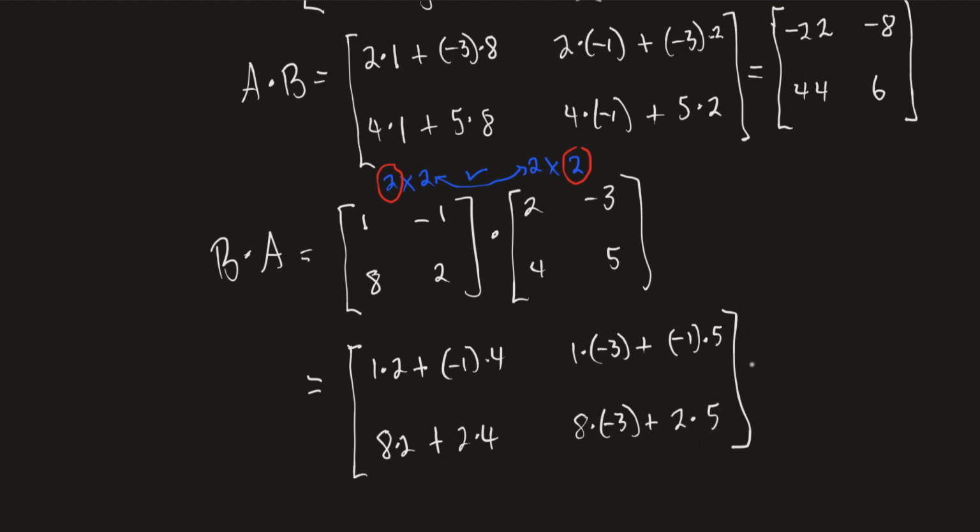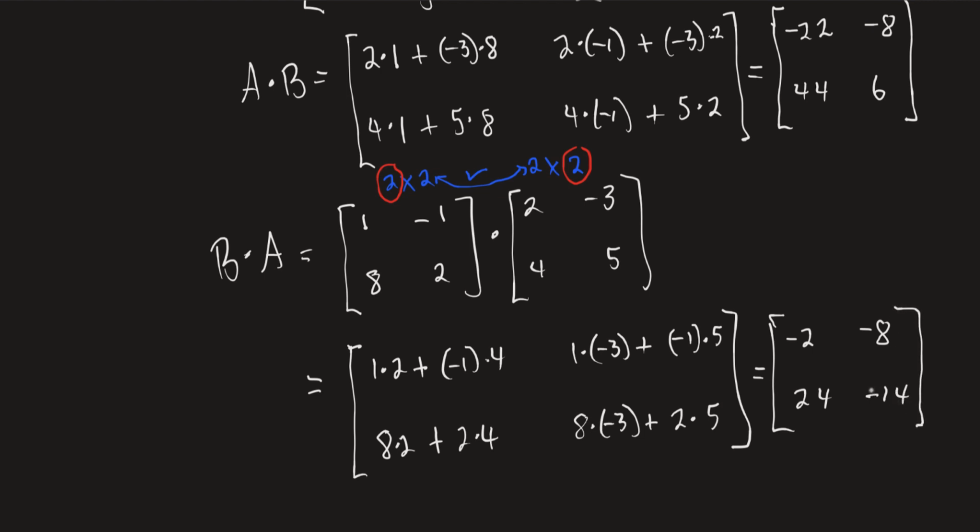Right? And then let's simplify like we did above. So we have 2 minus 4, that's negative 2. We have negative 3 times negative 5, that's negative 8. We have 16 plus 8, that's 24. And then negative 24 plus 10, that's negative 14.